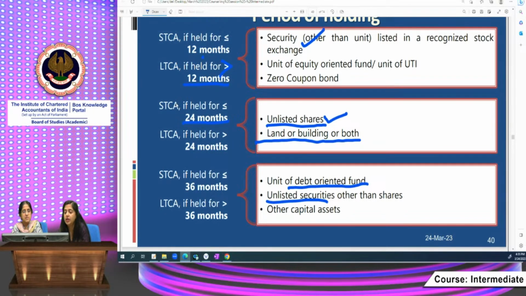So unlisted securities other than shares and any other capital asset, whether it's jewelry, work of art, everything is covered under the 36-month category. It means if it is held for more than 36 months, then it's a long-term capital asset. Otherwise, it's a short-term capital asset.